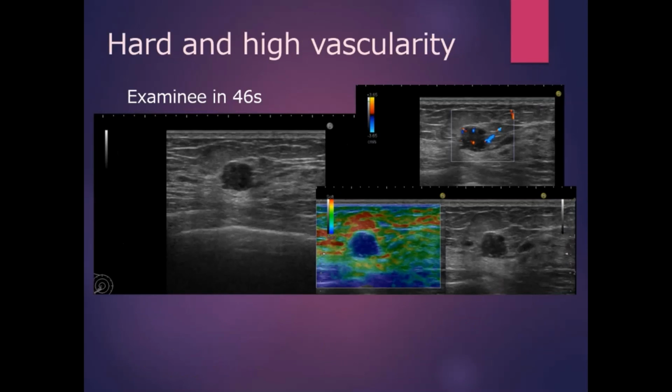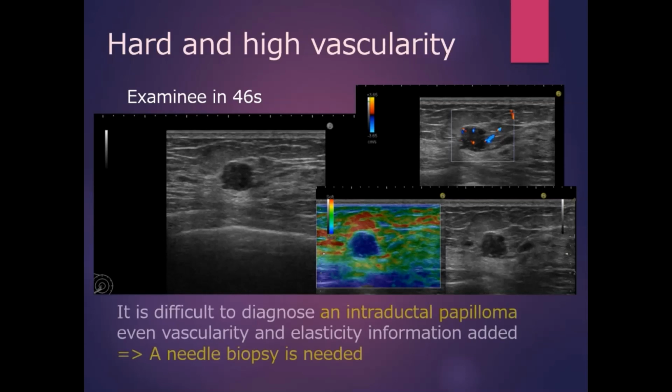Hard and high vascularity cases have approximately 80% malignant possibility, but there is intraductal papilloma as a representative case of a high vascularity and hard benign tumor. It is to be category 4B to 4C, adding vascularity and elasticity information, so fix the diagnosis by a needle biopsy.